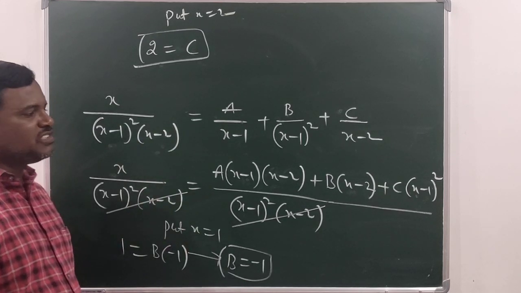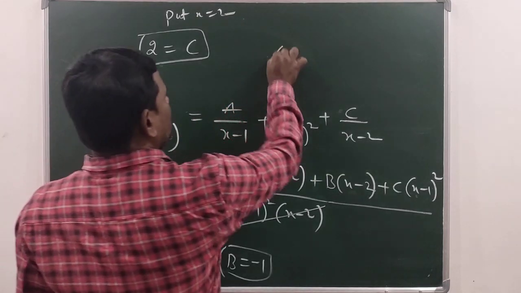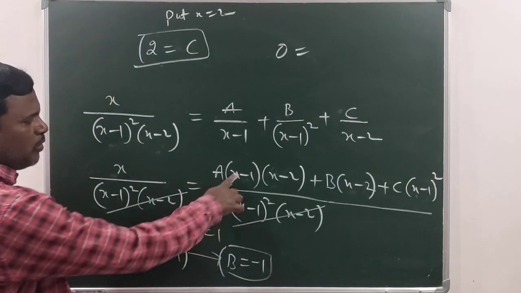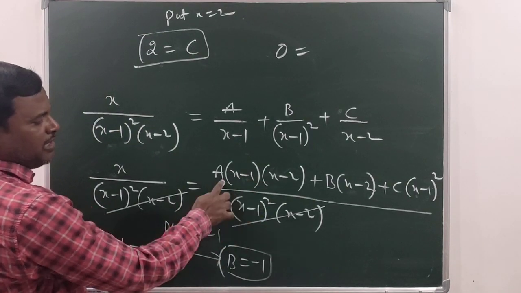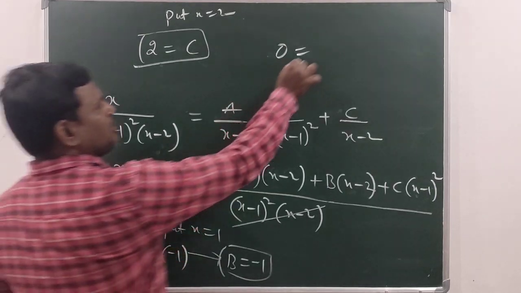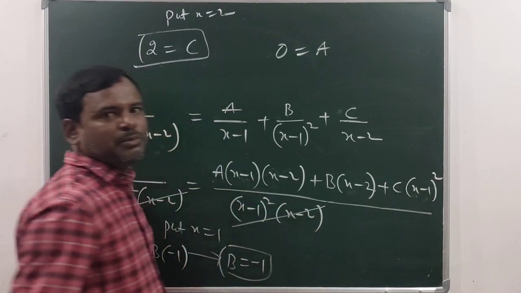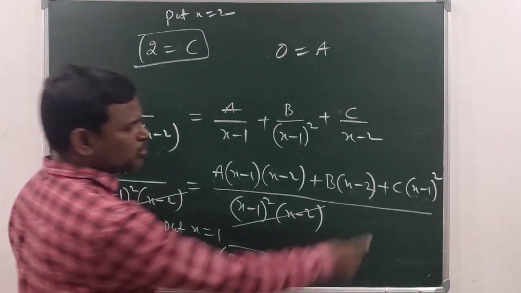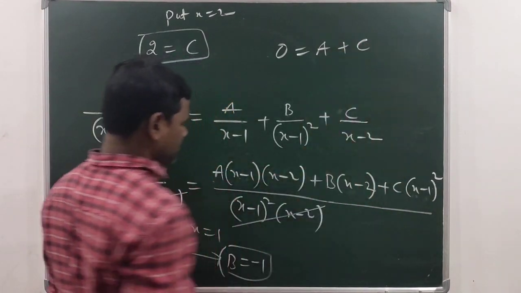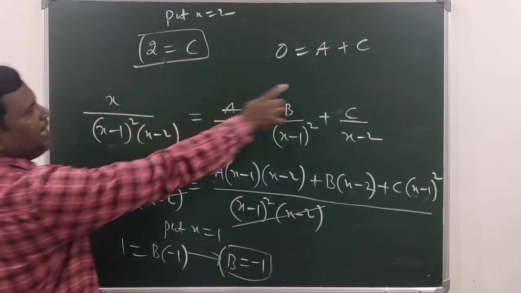So for A, compare coefficient of x square on both sides. Here there is no x square, so that here you will get 0. And here coefficient of x square will be A only you will get, plus C. C value we already found.